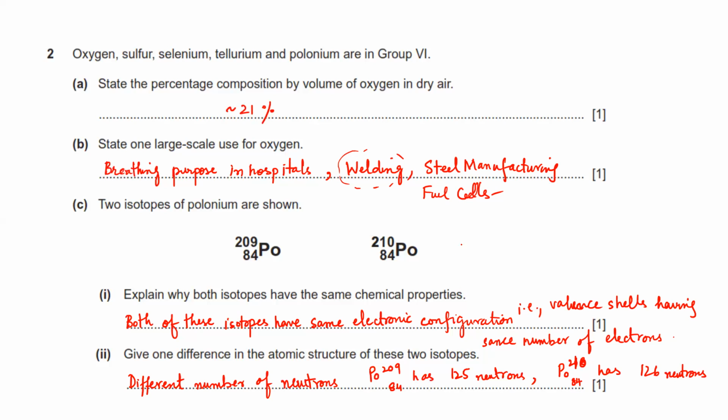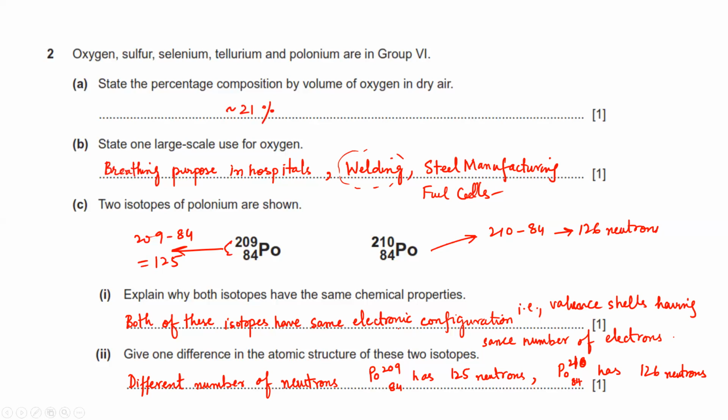So remember, the number of neutrons for this: 210 minus 84 will give you 126 neutrons. Again, for this, 209 minus 84 will give you 125. So they both have a different number of neutrons.